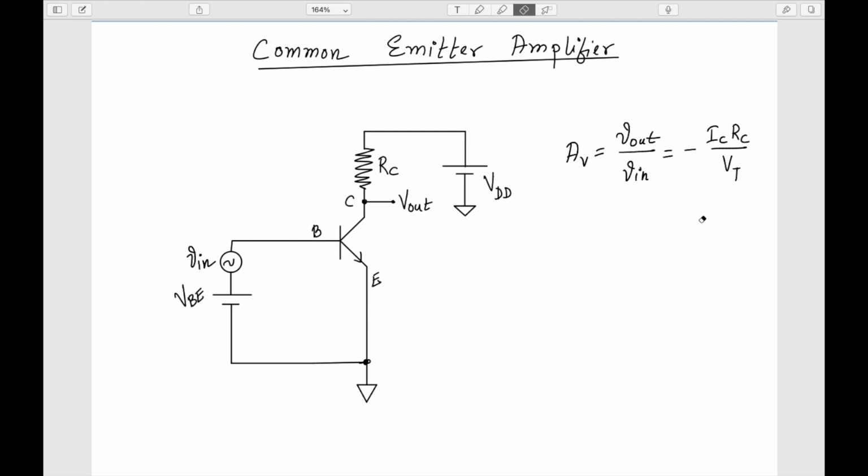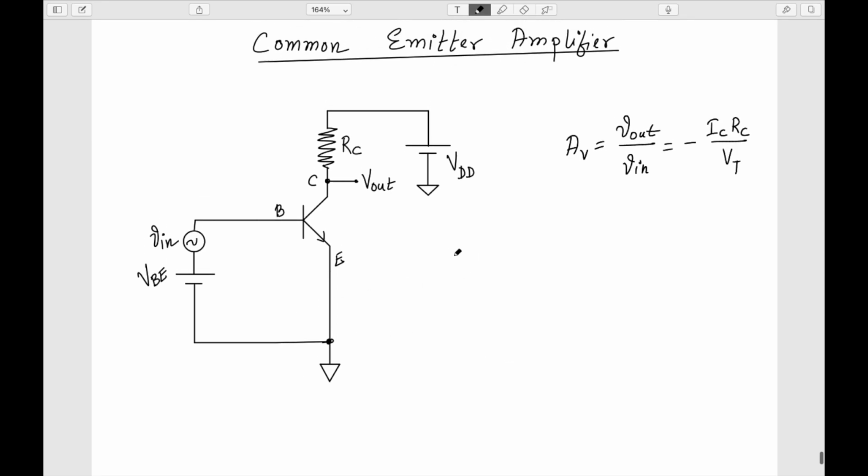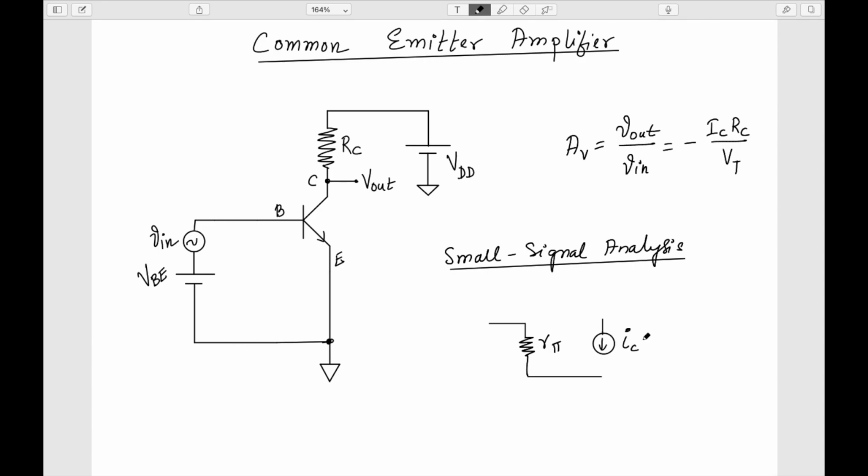So let's try to draw the small signal circuit of this common emitter amplifier. Let's draw the small signal circuit of this transistor first. So I have basically this is my R pi, okay, IC equal to beta times IB.